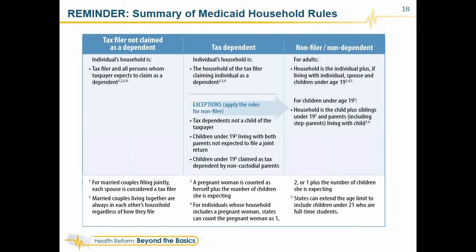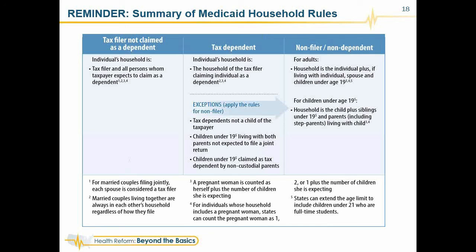I am not going to read our very complicated explanation of the Medicaid household rules, but I'll tell you that I have this table printed out and on my desk, because many times when you all have questions for us that involve situations like that, I refer to this table. You start with each person who is in the tax family, and we try to figure out what their household is.